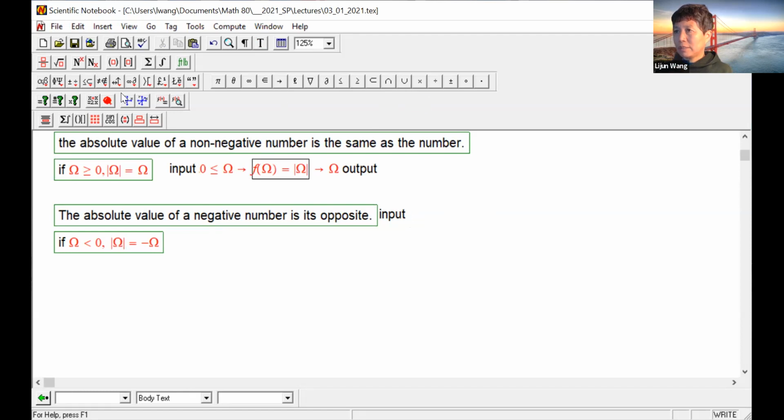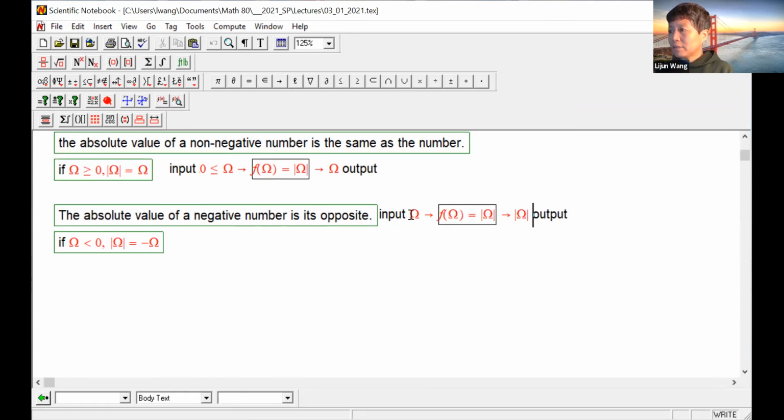Okay, so this time we have omega still as input, and we give it to the function absolute value, right? And the output, of course, is the absolute value of omega, right? That's the rule. We follow that same rule.